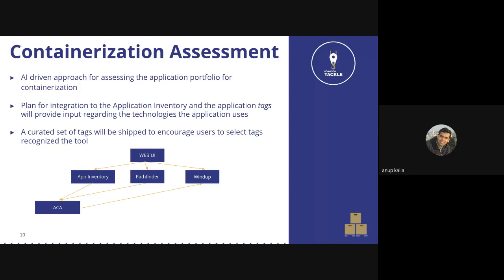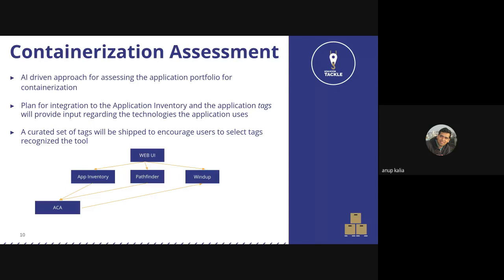Regarding the application inventory, we especially talk about application tags, which are very customer specific tags. In general, we want to standardize those tags so as to do better reasoning, and also enable mapping them into respective containers. That will be the key contribution from the ACA.